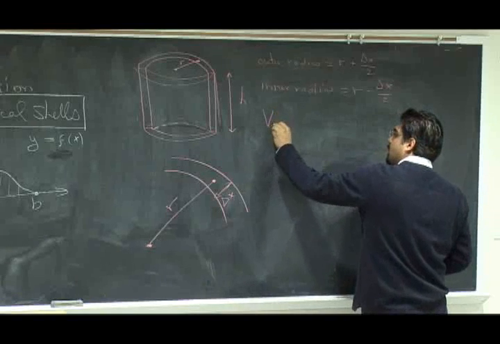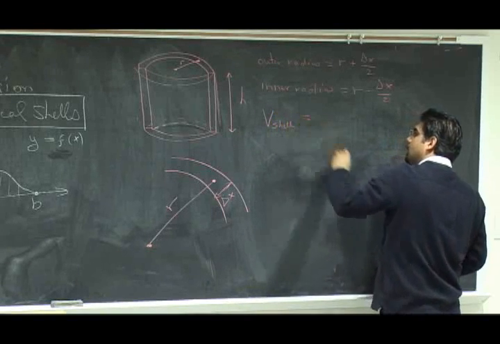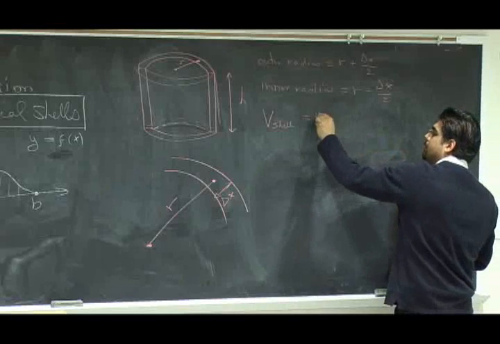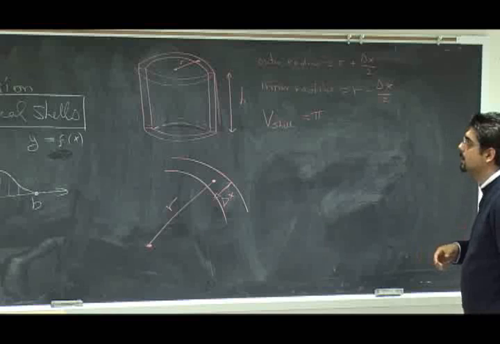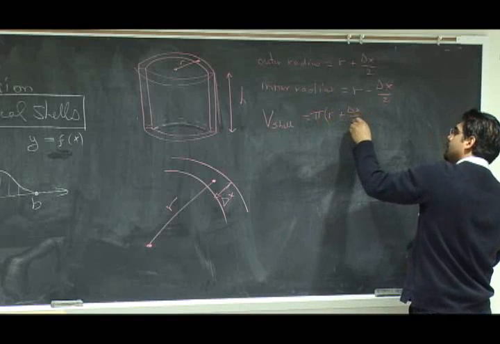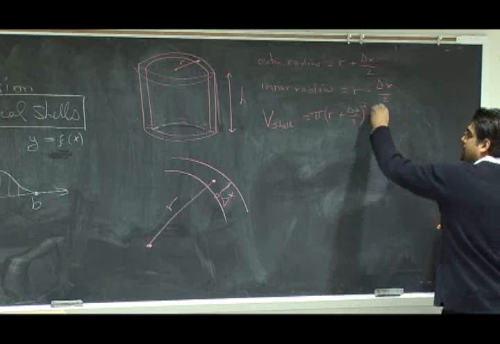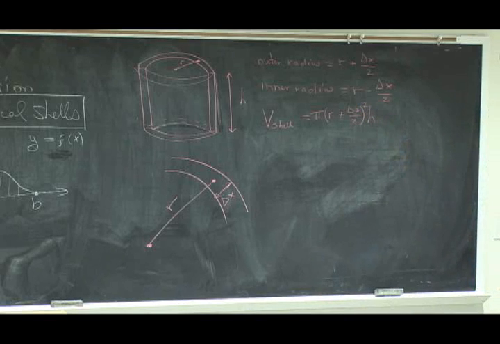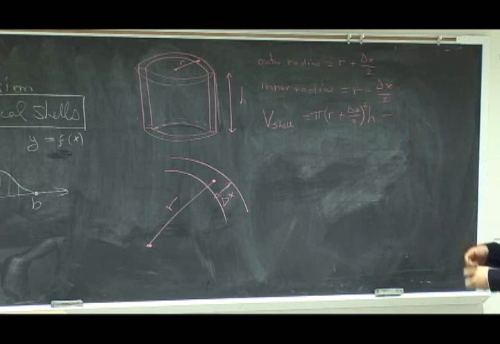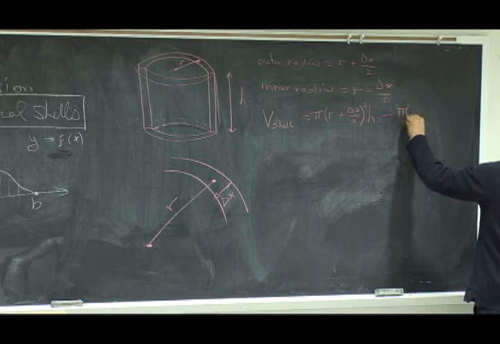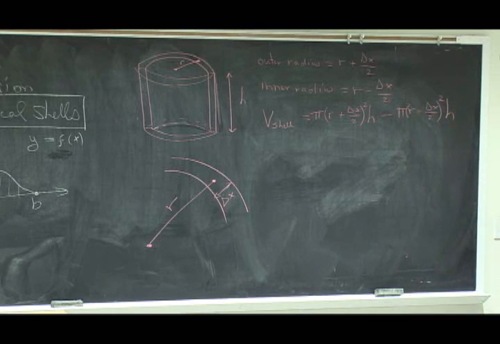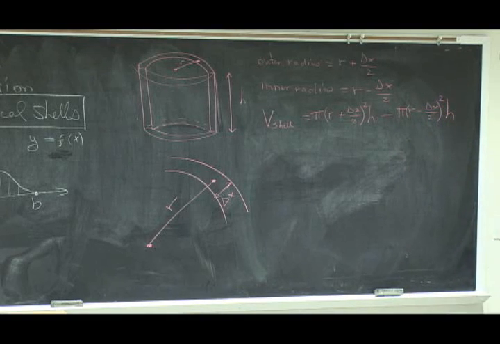So the volume of the shell, well, the volume of the outer cylinder is pi times the radius squared, which means the outer radius, times the height, which is h. Yes? Okay. Now I'm going to take away the same thing, but for the smaller one. And so that's pi times r minus delta x over 2 squared times h. Okay.